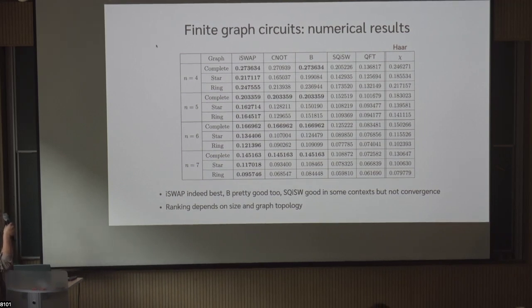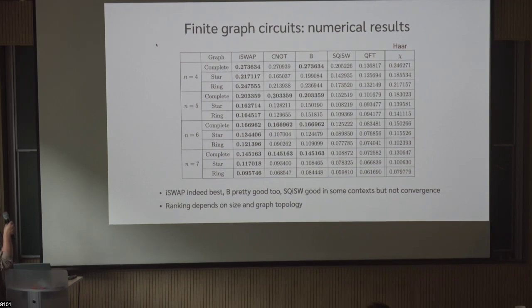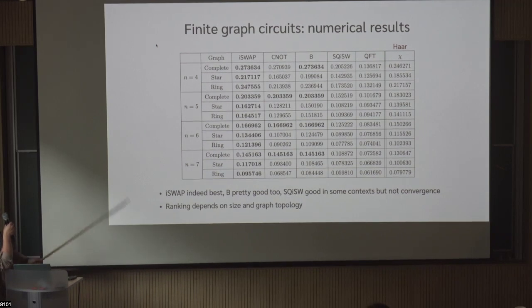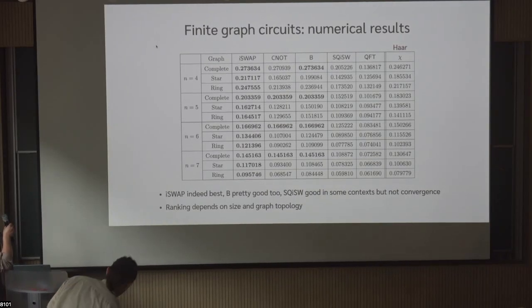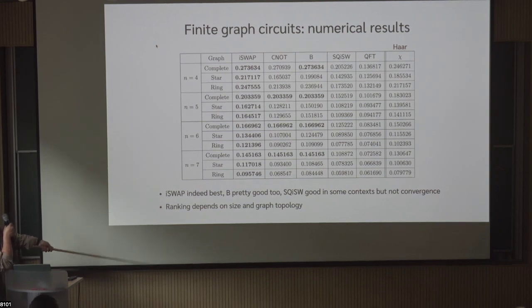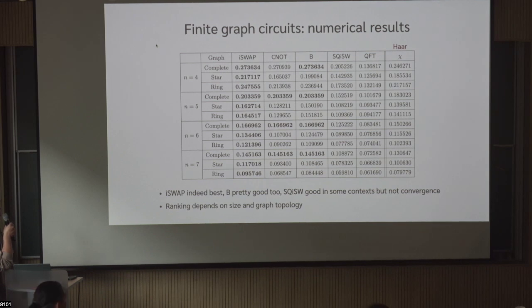Some messages that we can get from this numerics is that indeed for all cases, the previous results are for sufficiently large n, but actually if we look at these small sizes, then iSwap is still always the best among at least all these examples that we try.